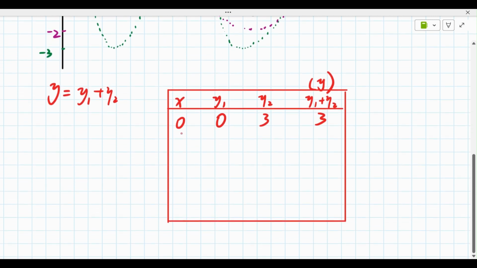So next, let's go with pi over 4. No matter which point you want to choose, just choose the easiest points you can, which is 45 degrees.